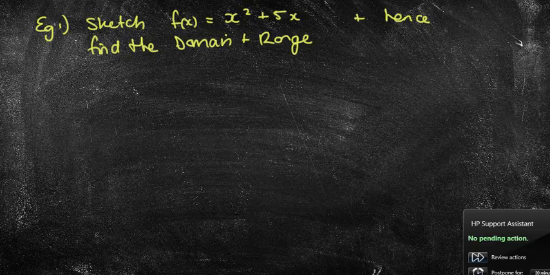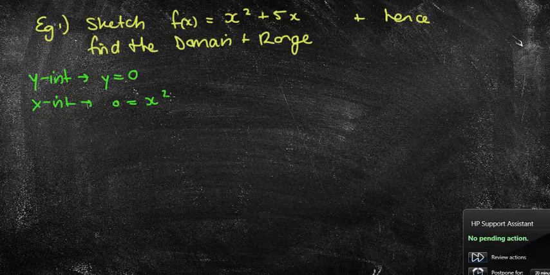Okay, so how'd you go? Let's see what we want to have. We've got the y-intercept. Now in this case, there's no plus 0, is there? If I put x as 0, 0 plus 0, we have a y-intercept of actually 0. There's not one there, but it does go through 0. My x-intercepts are where I want to solve my equation. So I'm going to chuck in y equals 0 and get 0 equals x squared plus 5x, creating my quadratic equation.